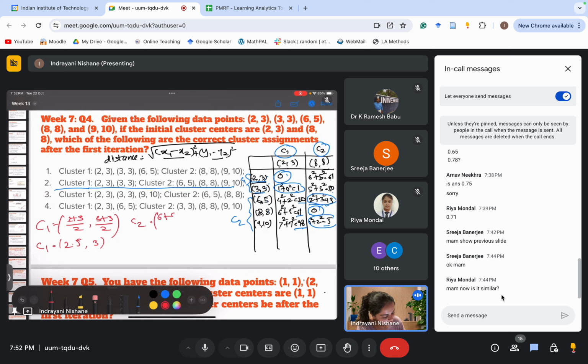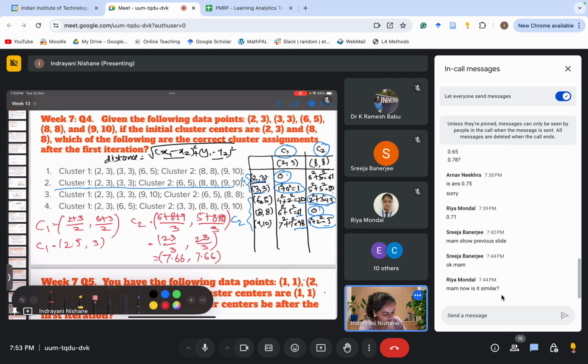So 6 plus 8 plus 9 divided by 3, comma 5 plus 8 plus 10 divided by 3, which will be 23 divided by 3 and 23 divided by 3, which is 7.666.